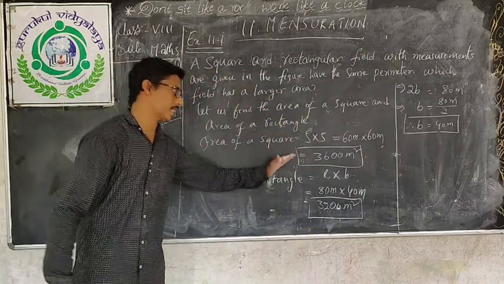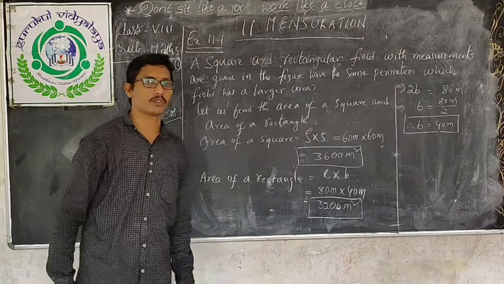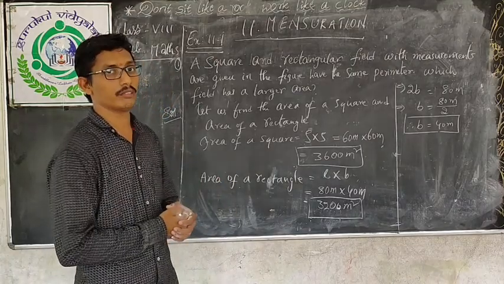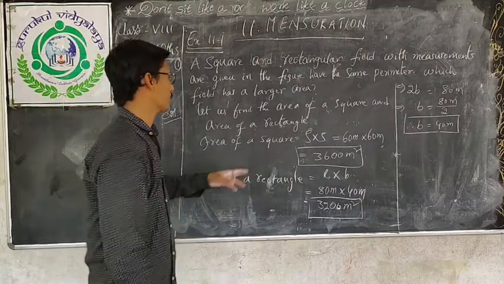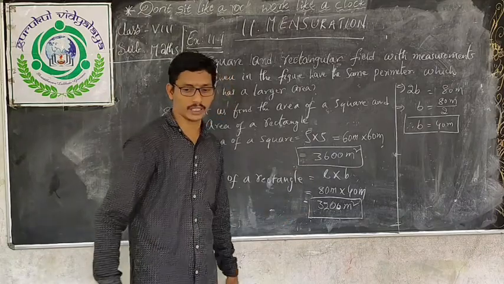Area of the square is 3600 square meters. Area of the rectangle is 3200 square meters. Which area is larger? 3600 is greater than 3200.